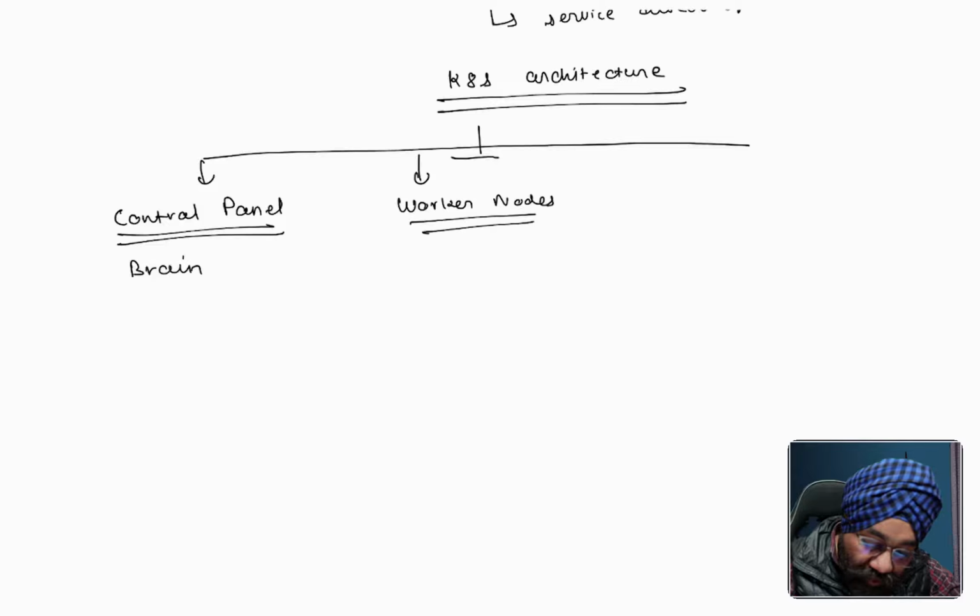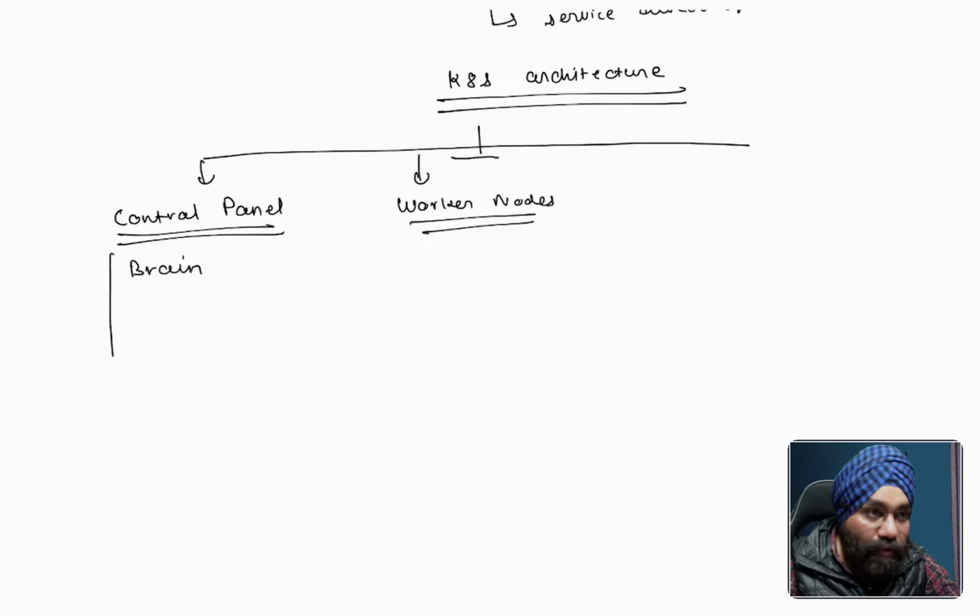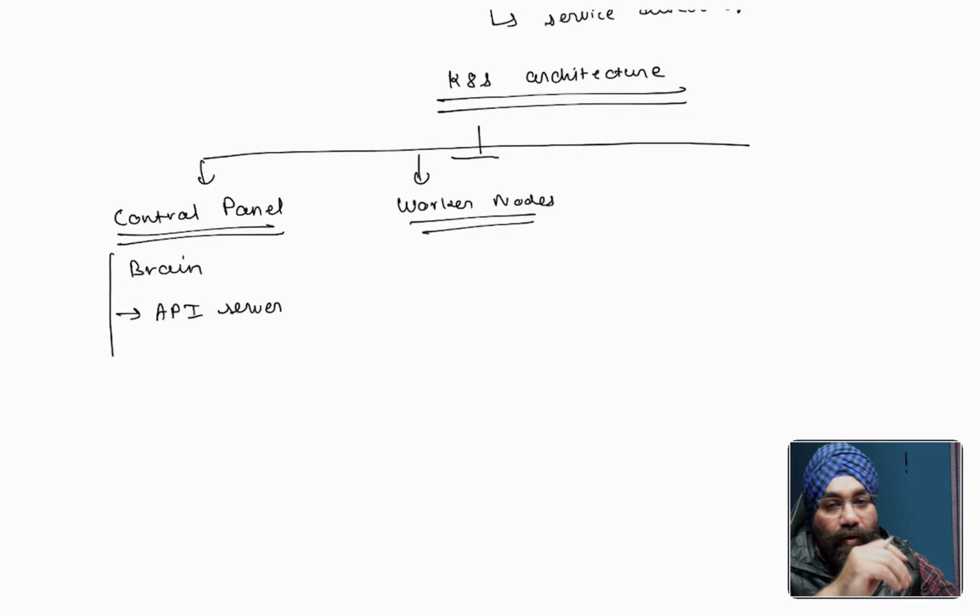The control plane decides what container runs on what worker node. So it does the decision part. Inside this there are other components. For example, there is the API server. This is the entry point into Kubernetes. If you want Kubernetes to do something, you have to call the API server, you have to call its API, and you have to tell it.